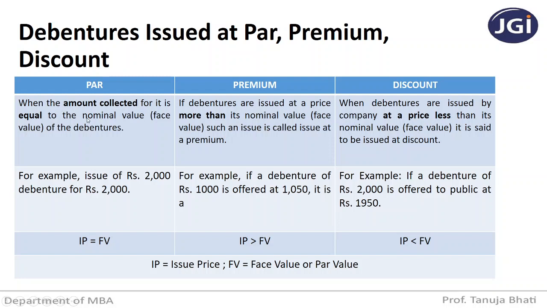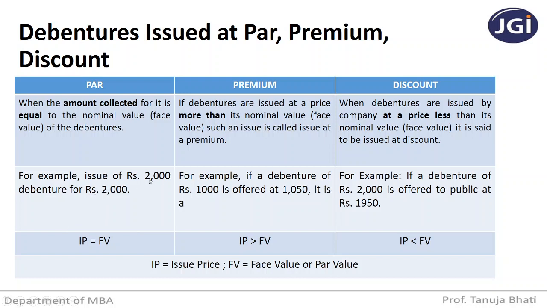So when you're collecting the amount from the debenture holder which is equal to the face value of the debentures, it means that debentures are issued at par. So for example, issue of rupees 2000 debenture. The value of the debenture in the debenture certificate is 2000 and you are issuing it to the debenture holder at rupees 2000.